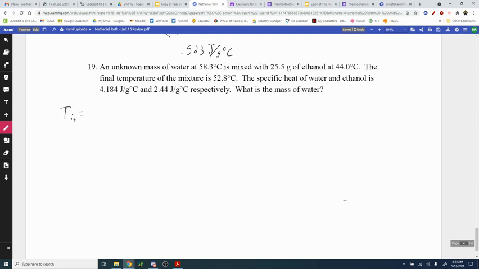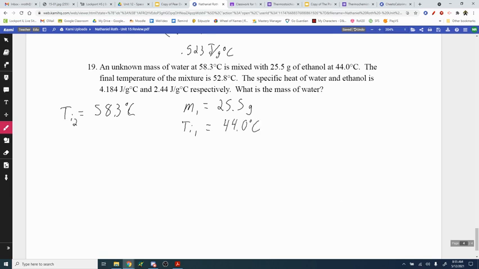So that's Ti2 equals 58.3 degrees Celsius. It is mixed with 25.5 grams of ethanol. So 25.5 grams of ethanol is mass 1, at 44.0 degrees Celsius. So that is Ti of 1.